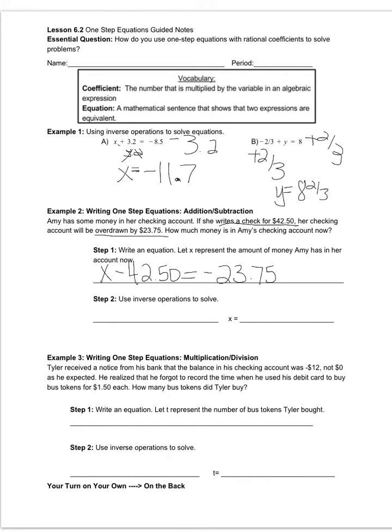In my equation, I'm using subtraction, x minus 42.50. So to solve it, I need to add 42.50 so that I have just my variable x, and what I'm doing to the left side where I'm adding 42.50, I need to do to the right side as well.